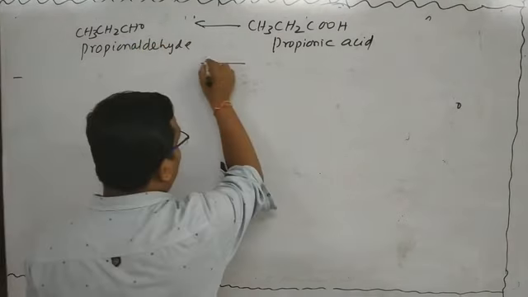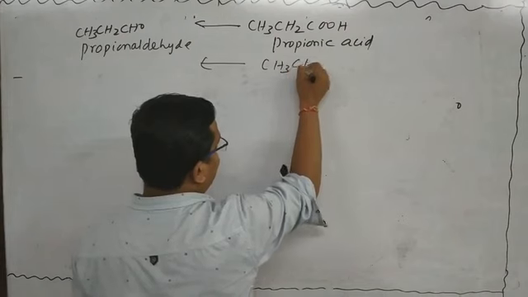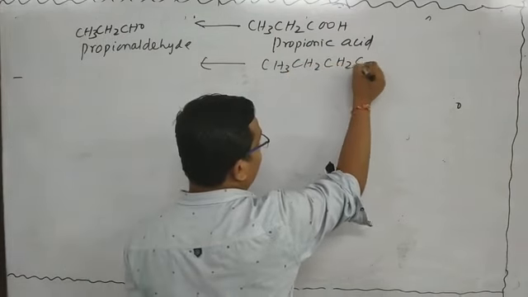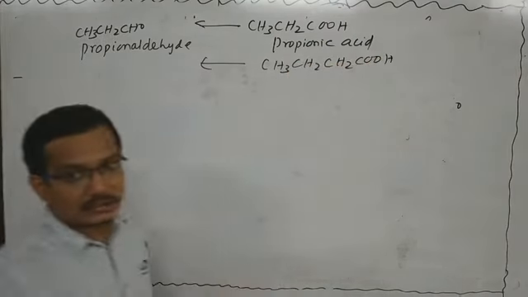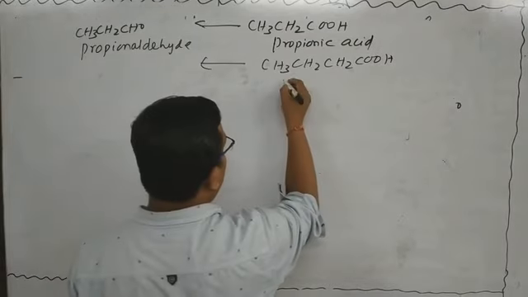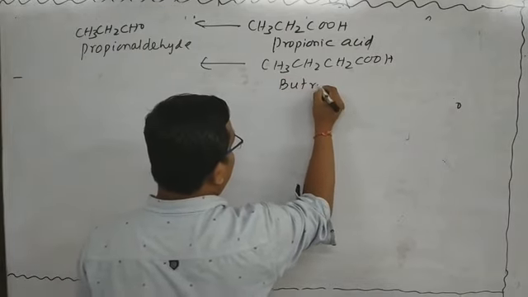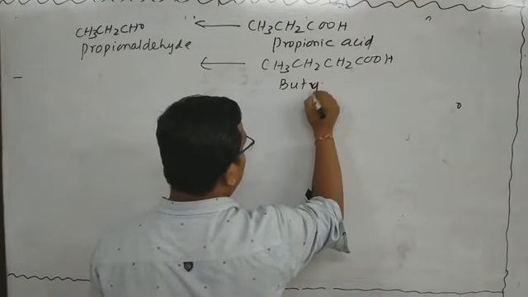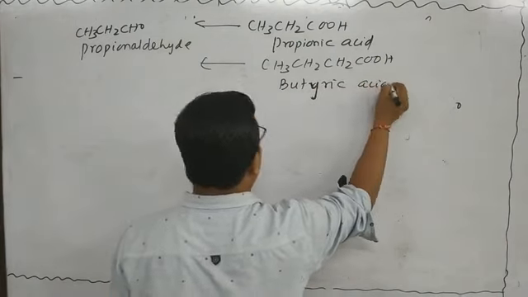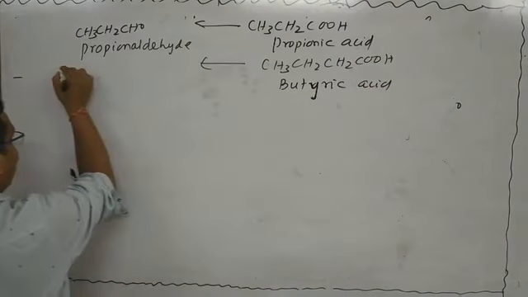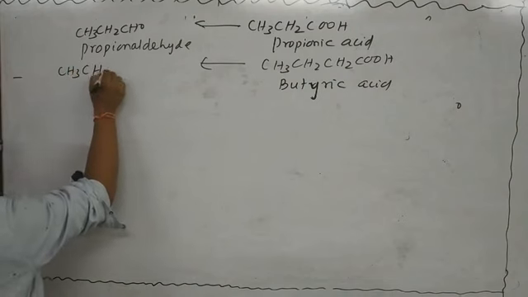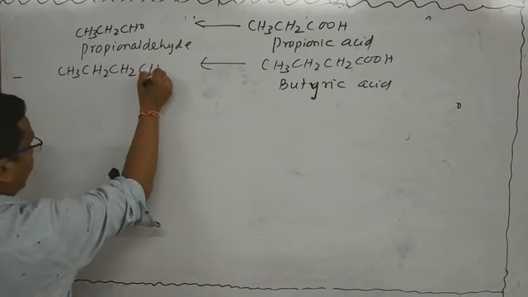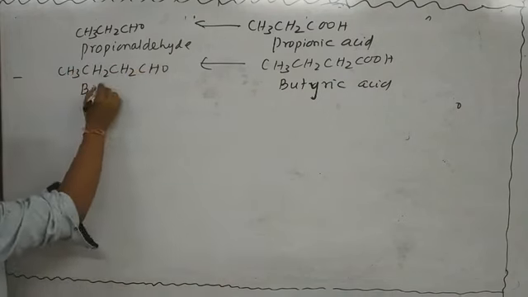If you think about another compound, CH3CH2CH2COOH, the name of this compound is butyric acid, and the corresponding aldehyde, CH3CH2CH2CHO, is butyraldehyde.